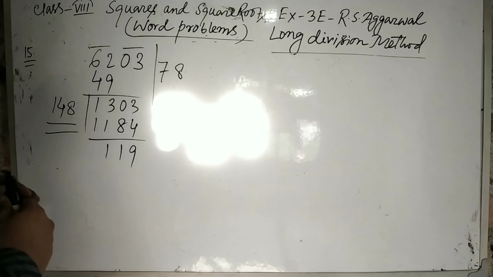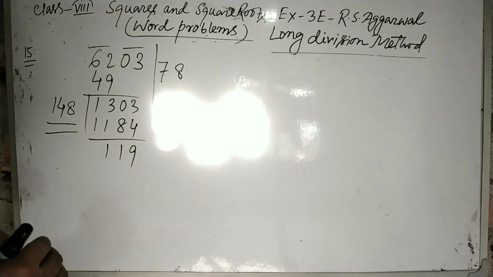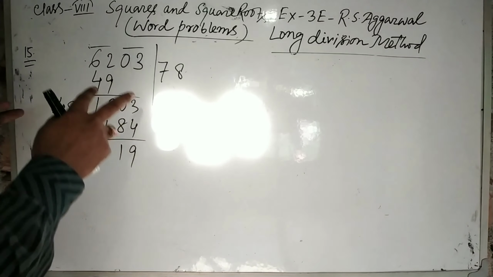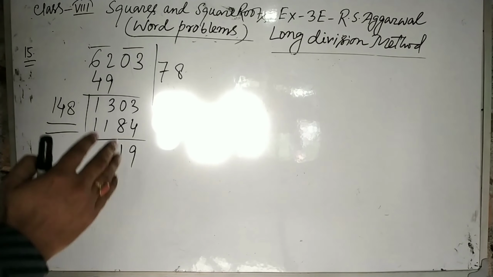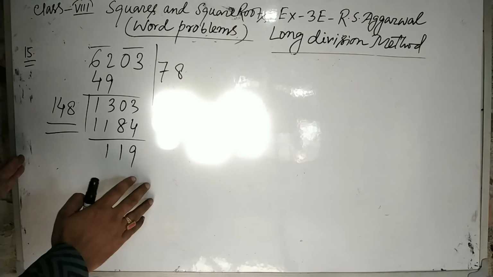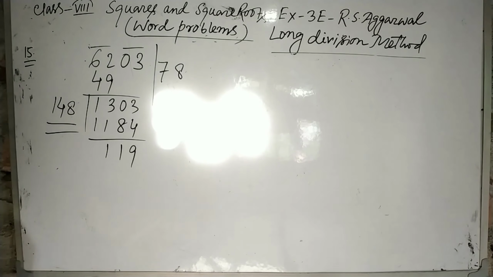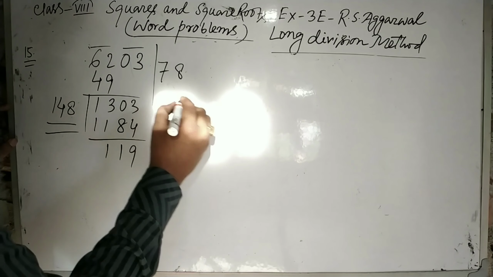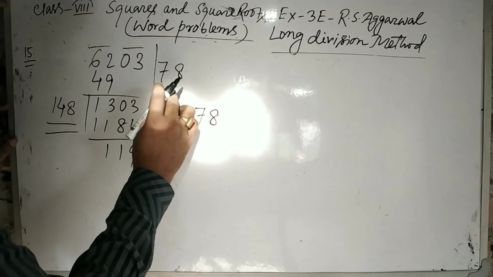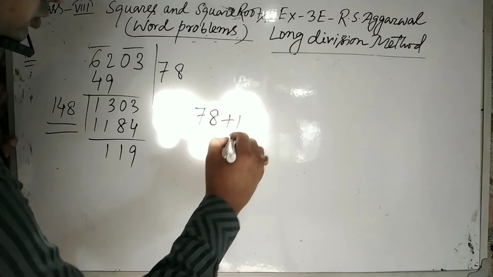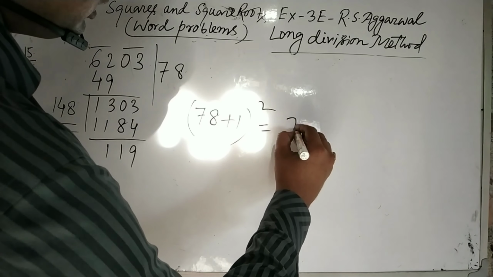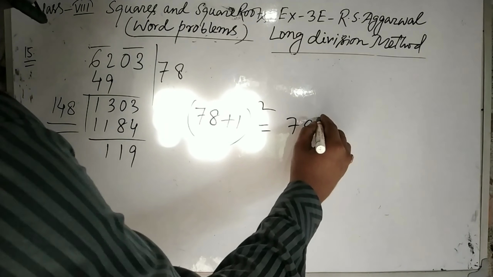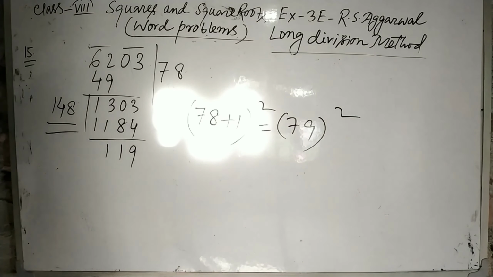You have to remember that when you have to add something with the given number to get a perfect square number, then first of all you have to do up to this step. Then you have to take 78 is the square root, 78 plus 1, its whole square, that is 79 whole square. Okay?